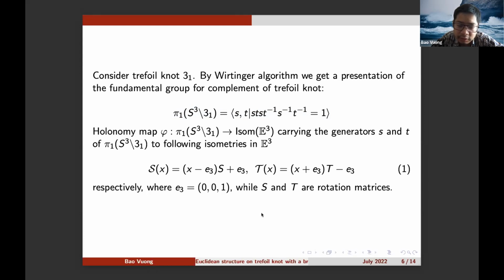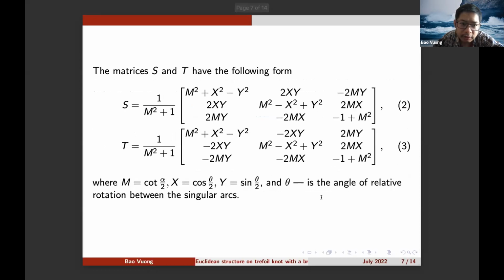A3 is the affine space of three dimensions, and S and T are rotation matrices. These are the matrices S and T, in the notation of M, X, and Y, which depend on the cone angles alpha and theta.